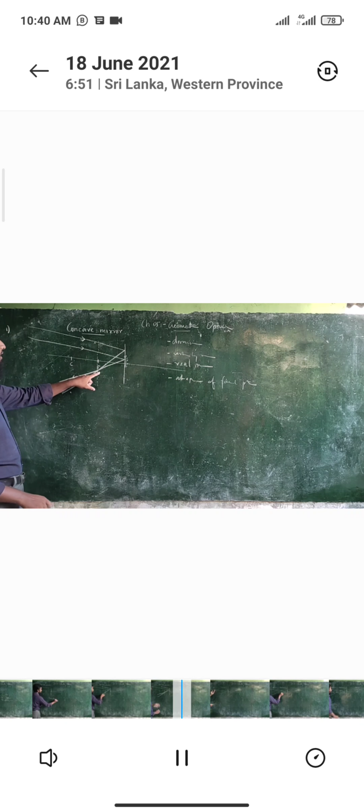Therefore the image is going to be real. Fourth character, where we are obtaining it: at a point of the focal plane. These are the characters of the image formed in this occasion. That is the first situation.